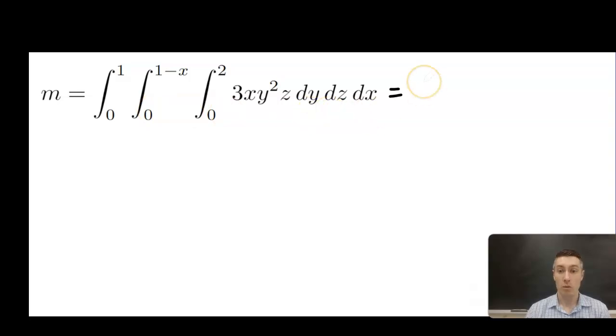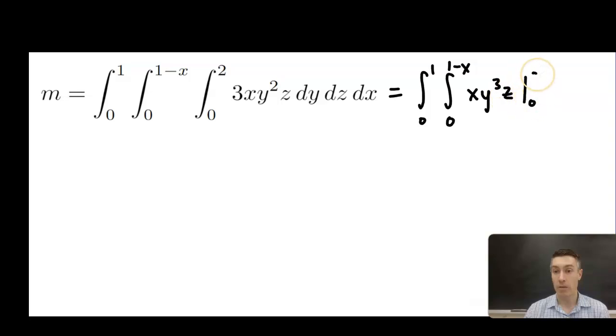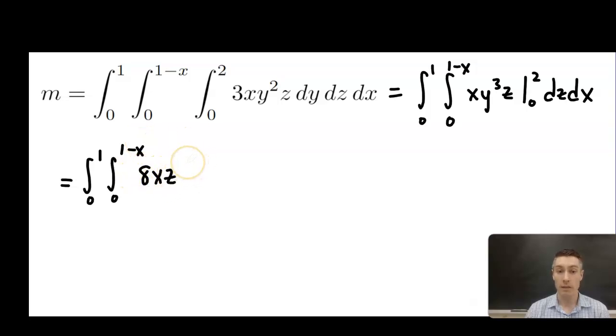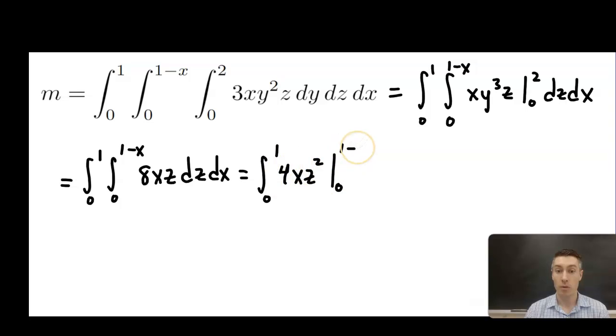So integrating with respect to y, we get the integral from 0 to 1, integral from 0 to 1 minus x of x y cubed z, evaluated from 0 to 2, dz dx. So integral from 0 to 1, integral from 0 to 1 minus x of 8xz dz dx. So integral from 0 to 1 of 4xz squared, evaluated from 0 to 1 minus x, dx.